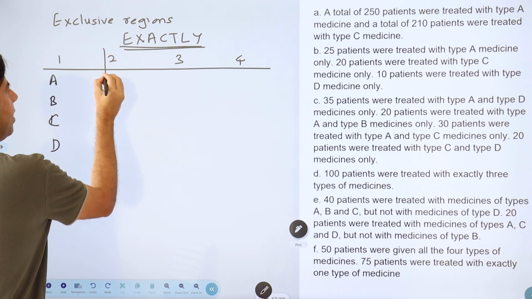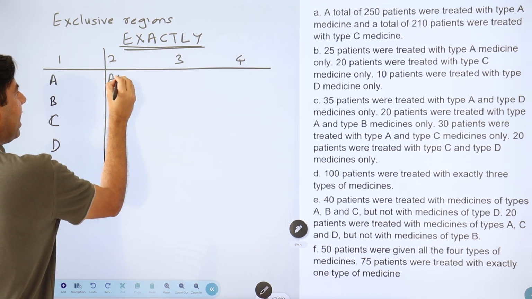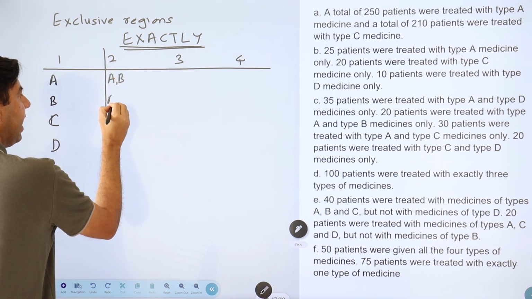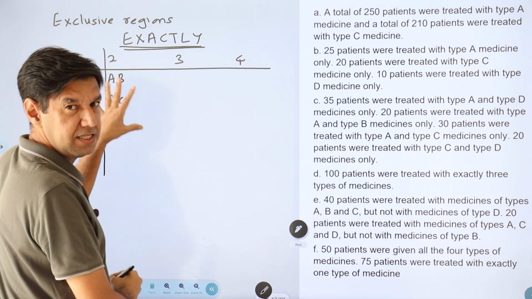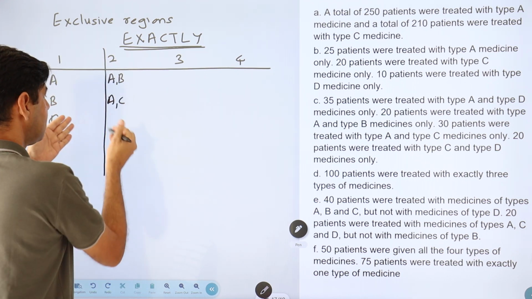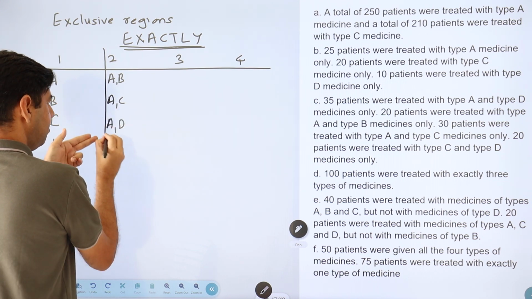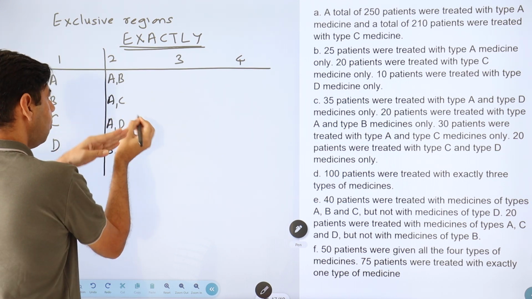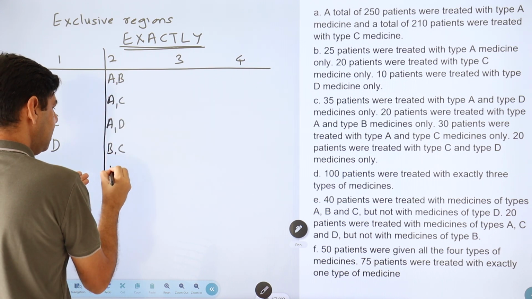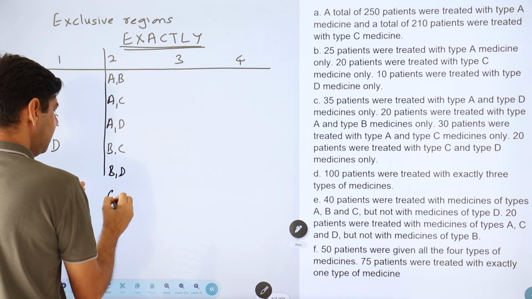With 2 medicines the combination could be A and B only, A and C, and if you have done this earlier, you should know 4C2 is 6 ways: AB, AC, AD. Then start with B. With A you're over, so don't recount: BC and BD, and after BD it's CD.